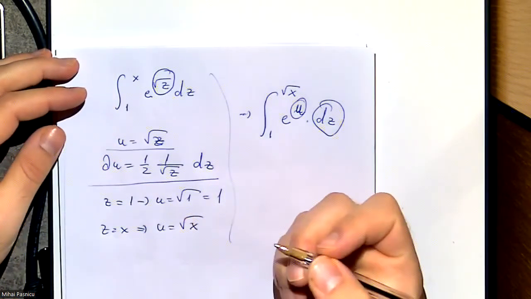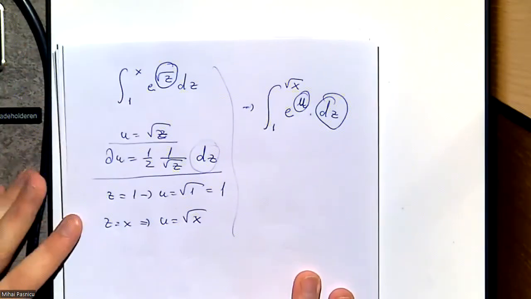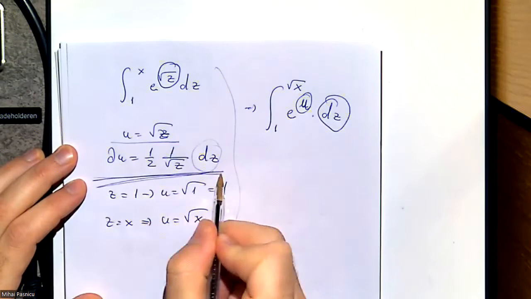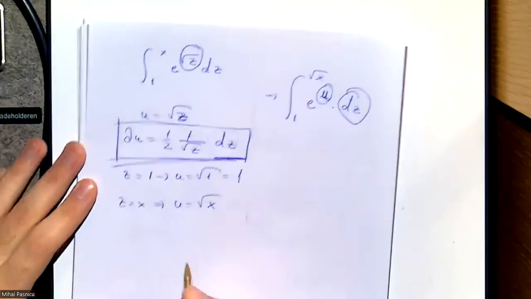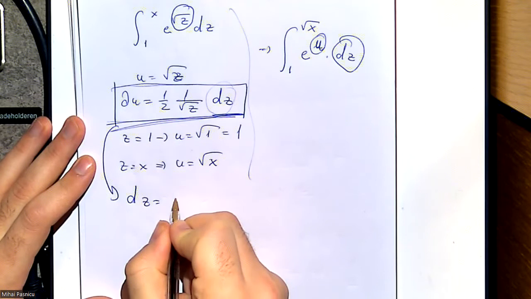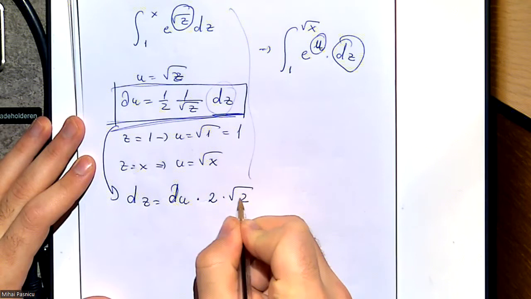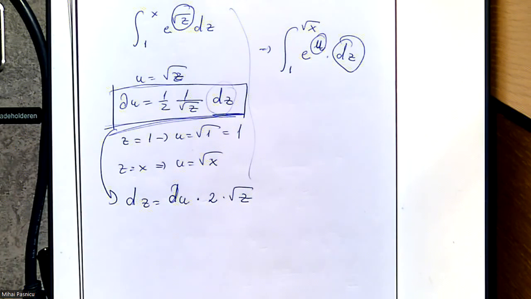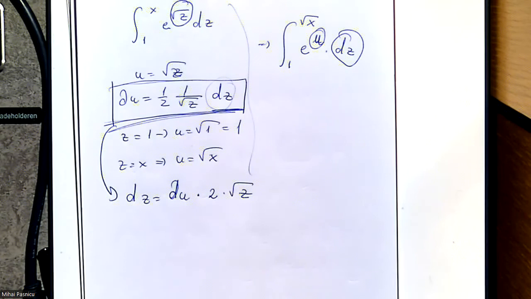So now I'm literally struggling to create this du here. So I look at this equation over here. From this equation, I can just get dz is equal to du times 2 square root of z. Everyone on board with it? I just flipped everything. I left dz alone.